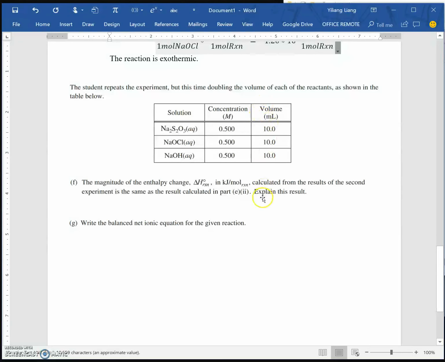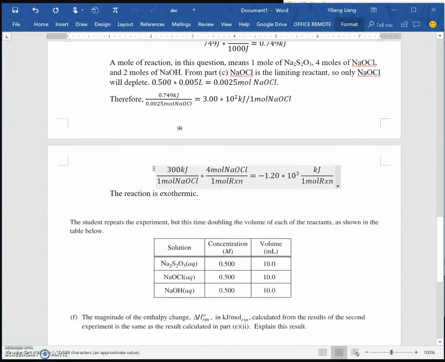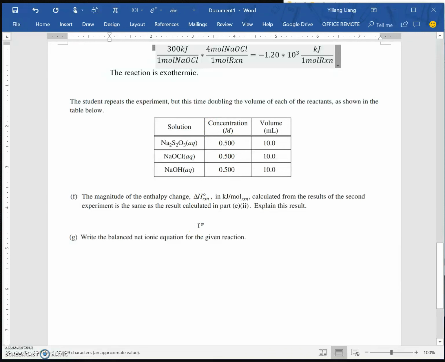So since we have double volume and concentrations stay the same, the number of moles compared to the first experiment also doubles. And since the number of moles also doubles, the total enthalpy change will also double.